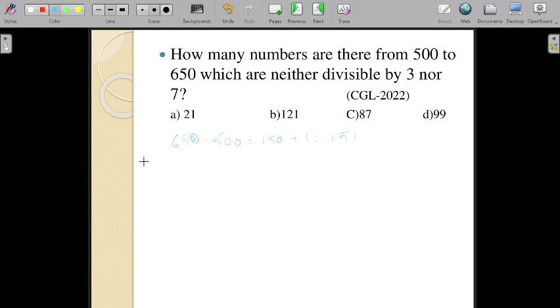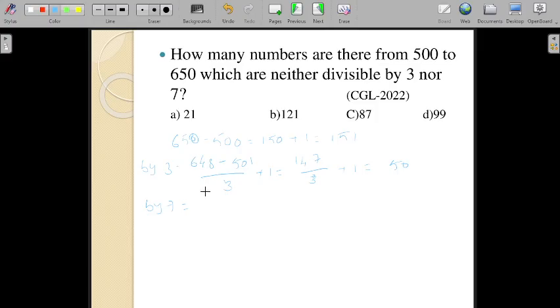Okay, afterwards by 3, so what is the largest number less than 650 that is divisible by 3? 648 minus, what is the least number more than 500 that can be divided by 3? 501, by 3 plus 1. Okay, so what is the value? 147 by 3 plus 1. So we get 50.